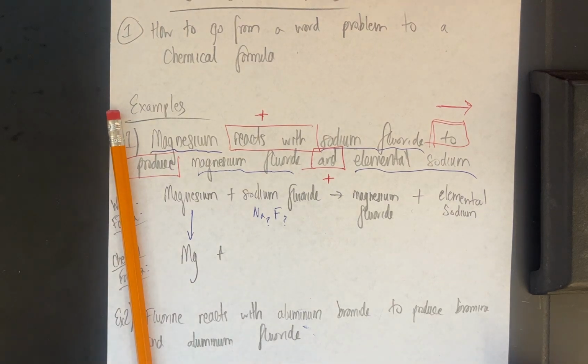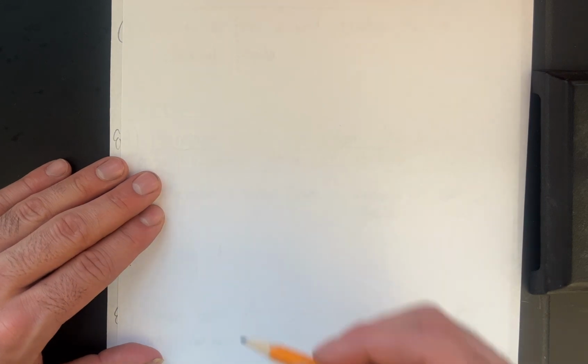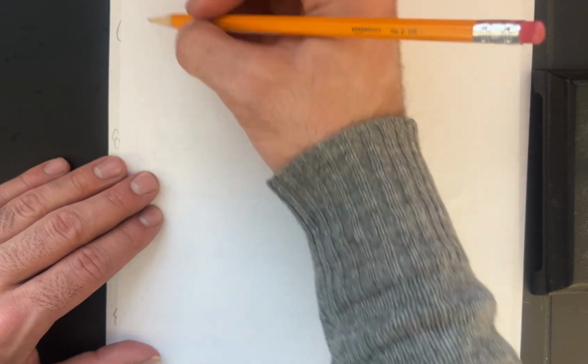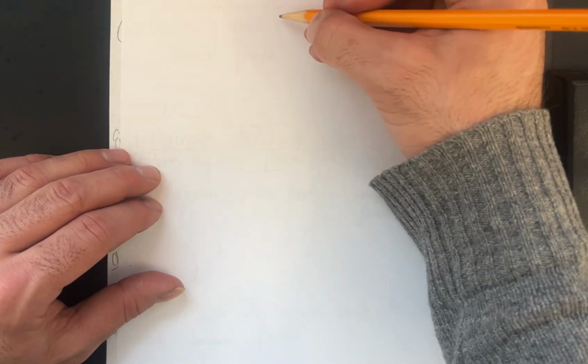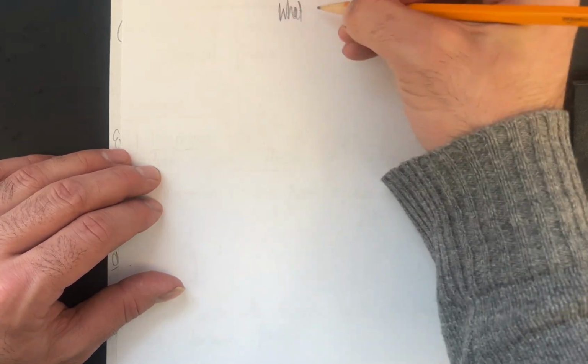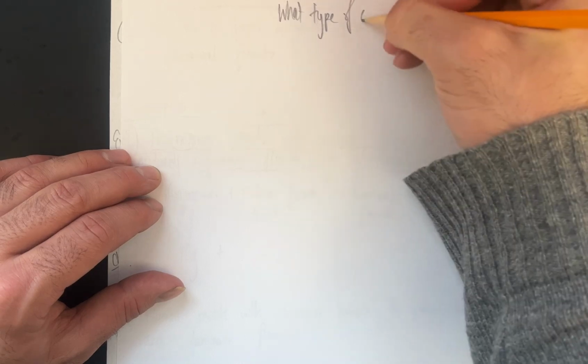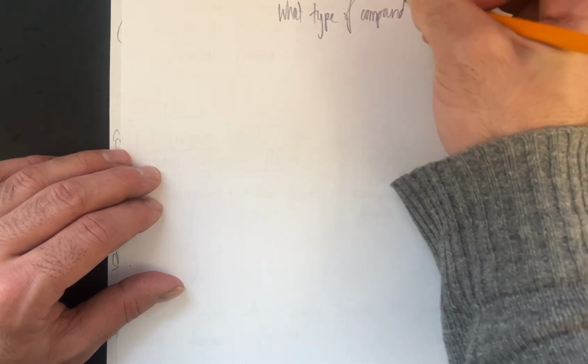Now remember, the way that you can determine, and I'm going to put this on another page because it's a little bit of an aside, right? The way that you can determine if something is covalent or ionic is via metal versus non-metal. So what type of compound do we have?